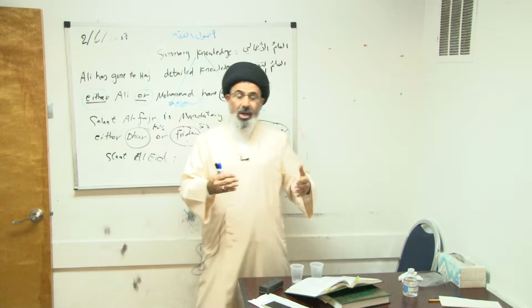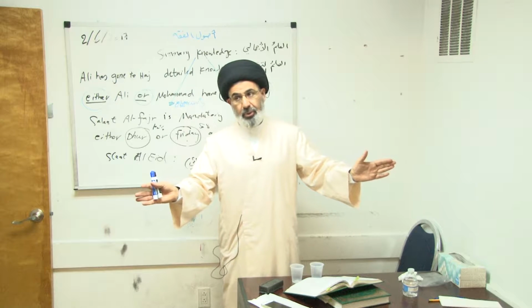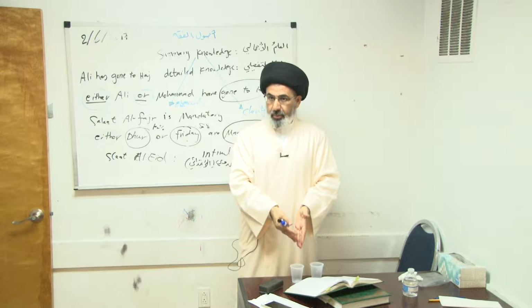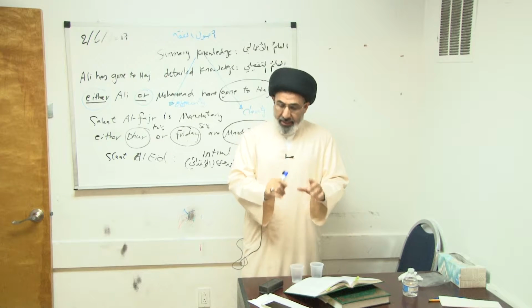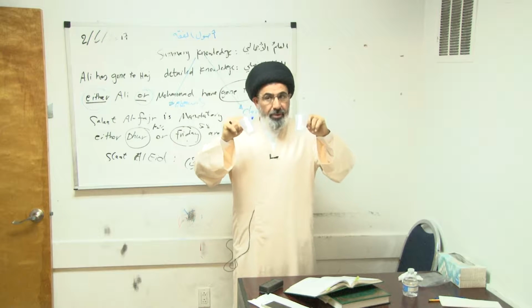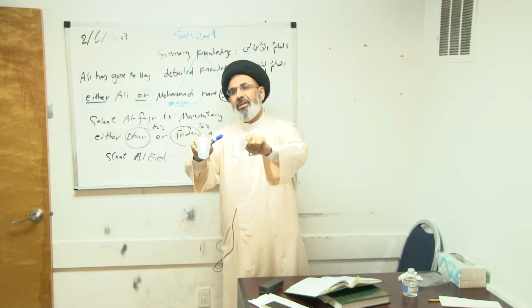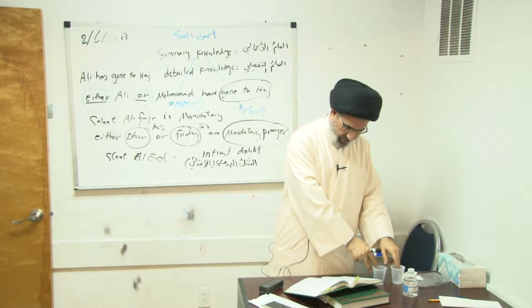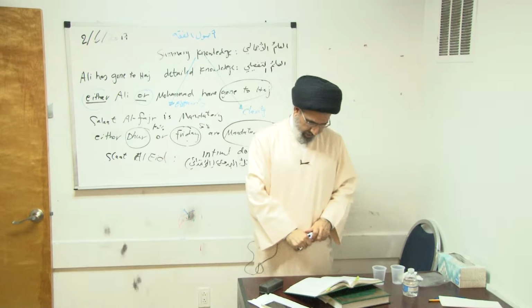Unless this summary knowledge is broken into detailed, and then I know which one is which. But in case one of them is najis, not both, still I have to avoid both of them. This is summary knowledge. Okay?